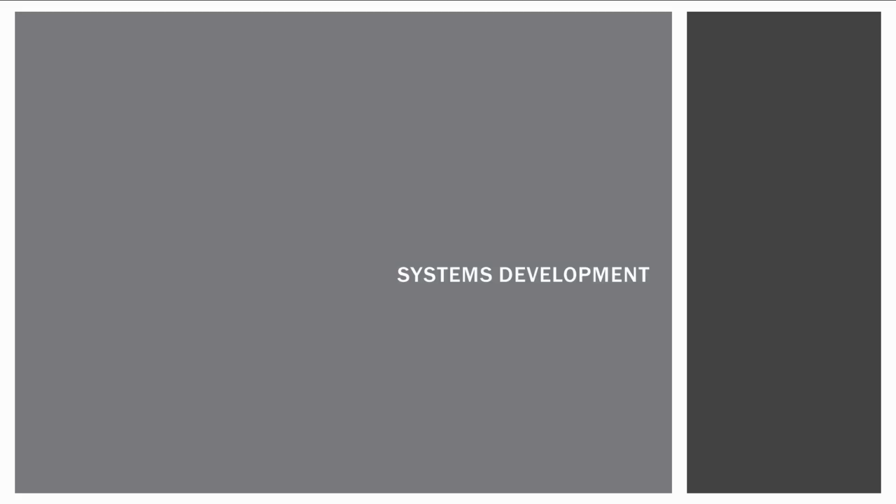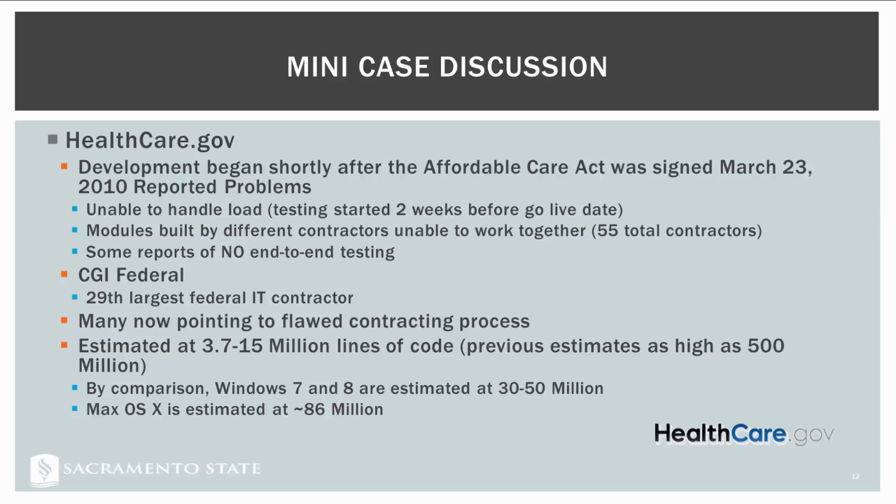I want to lead now into systems development. Systems development is very important, but as a starter, I usually in class have a discussion of healthcare.gov. Not because I want to be political, and healthcare.gov and the Affordable Care Act is a very political issue, but because healthcare.gov is a great example of what happens during a systems development process.